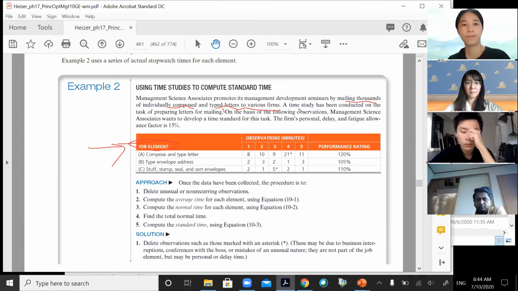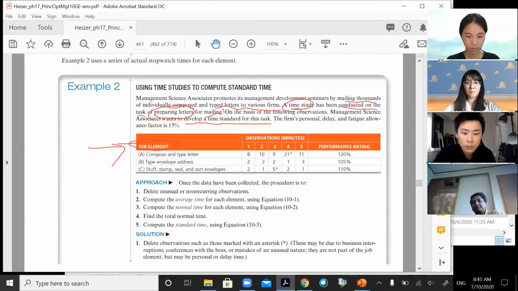A time study has been conducted on the task of preparing letters. So the task is preparing letters for mailing. On the basis of the following observations, this is already observed and time taken, right? So he wants to develop a standard time for this task.